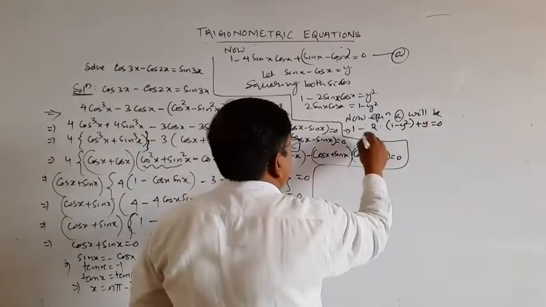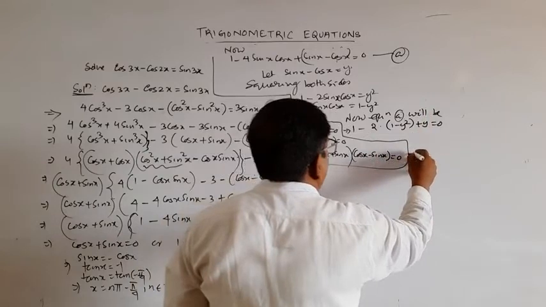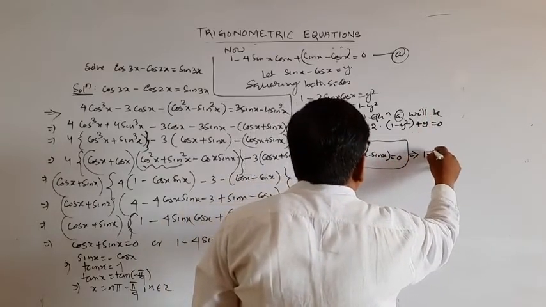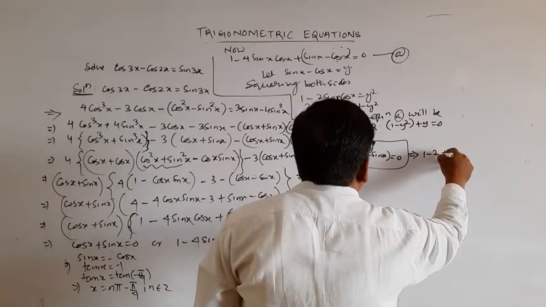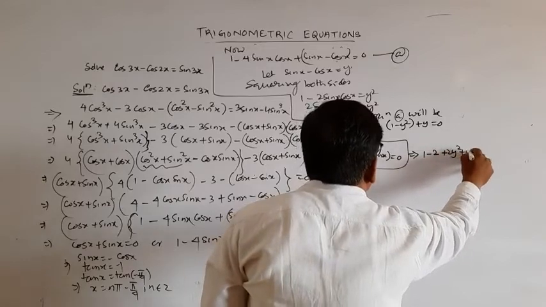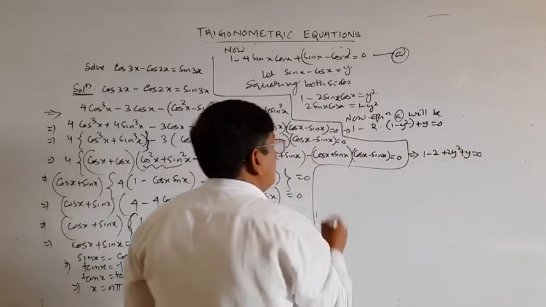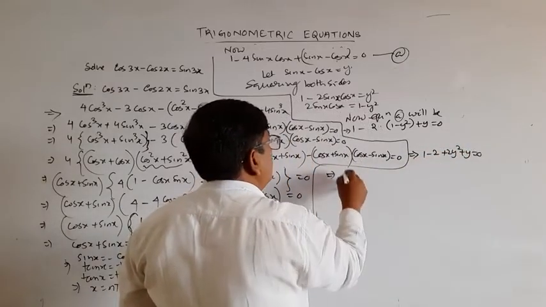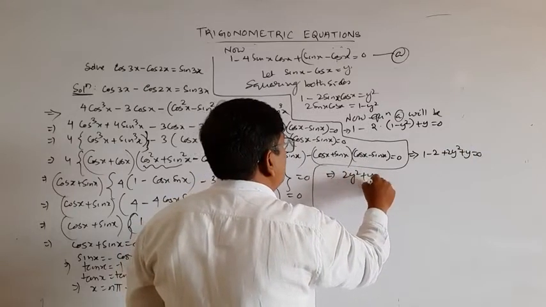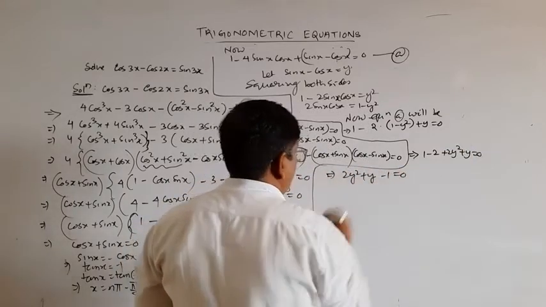That implies 1 minus 2 plus 2y square plus y is equal to 0, that implies 2y square plus y minus 1 is equal to 0.